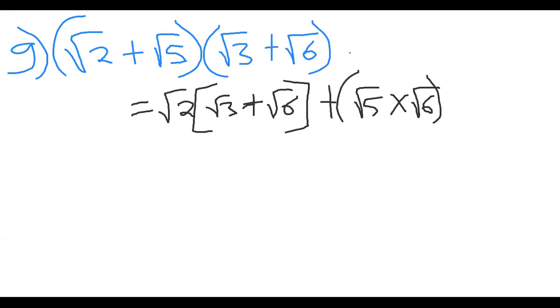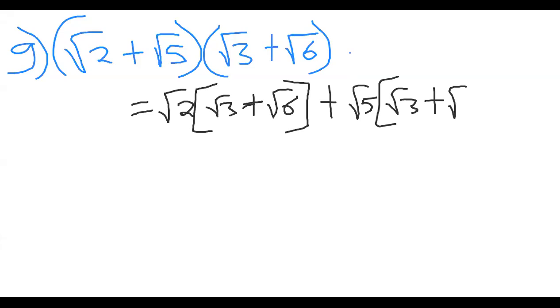Hey, no, I've made a mistake here. So this is the same as plus root of 5 into brackets root 3 plus root of 6, like that. In other words, remember this, a plus b into x plus y.